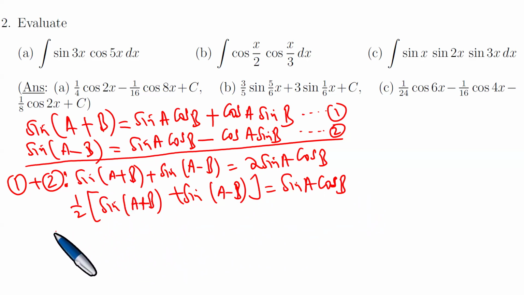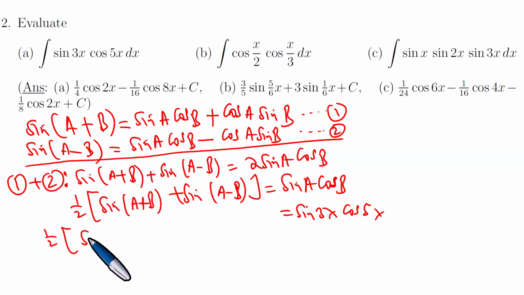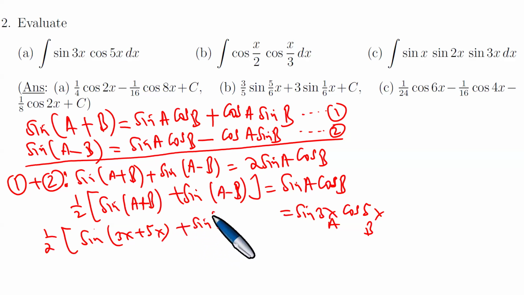If you have the sine of 3x cosine 5x, according to this, it's going to become the sine of, this is our A and that is our B, so 3x plus 5x, and 3x minus 5x.